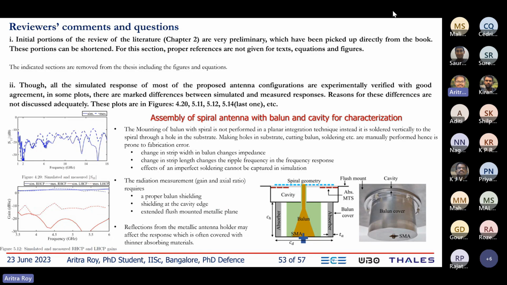Another thing is we manually cut the balun, which sometimes reduces the strip width or length. When we reduce the strip width, we change the impedance, so we have a variation in S11 magnitude. And when we reduce the length, we have a variation in the S11 ripples. So I think that's what happened during the assembly of the structure.